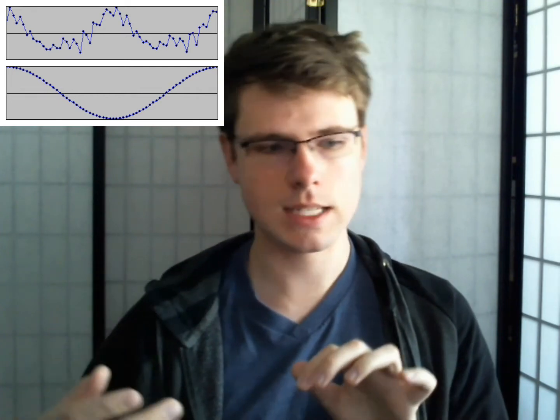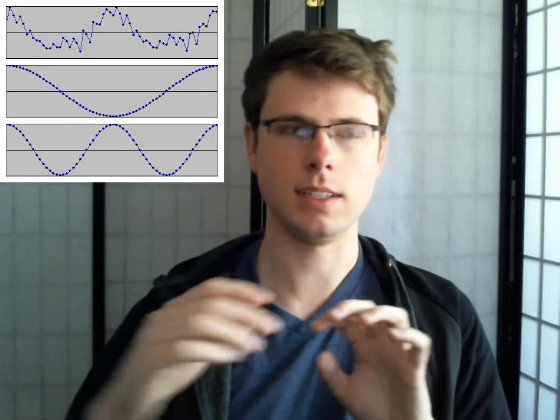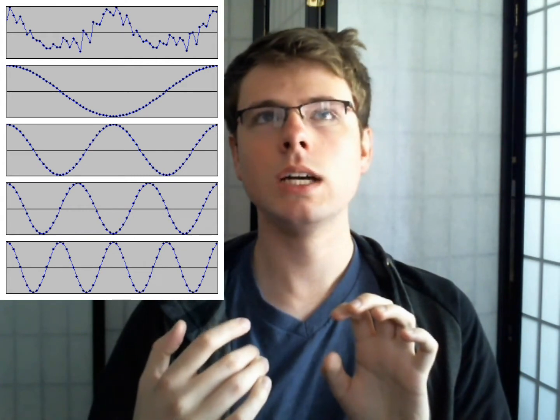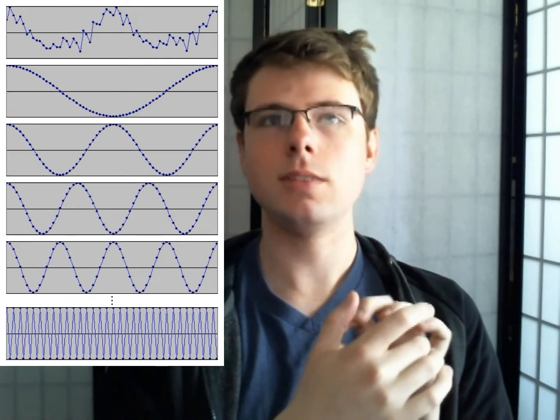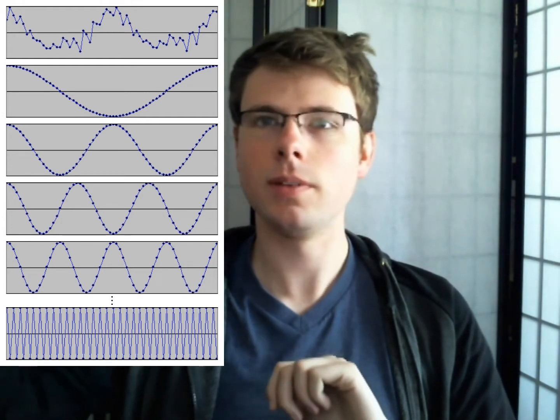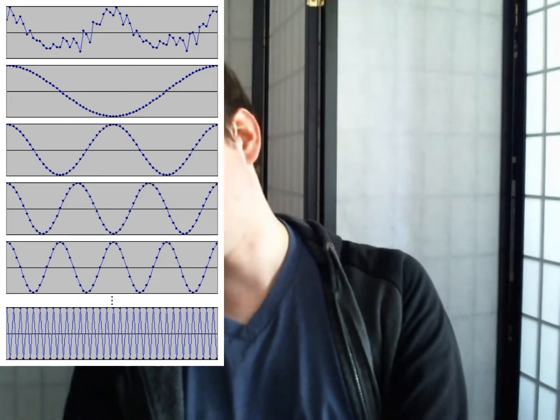That's the first frequency. Next frequency is 2 cycles within your little audio segment, and then 3 cycles, 4 cycles, all the way up to 1024 over 2 cycles. So literally up and down every other sample. That's the set of frequencies you choose.